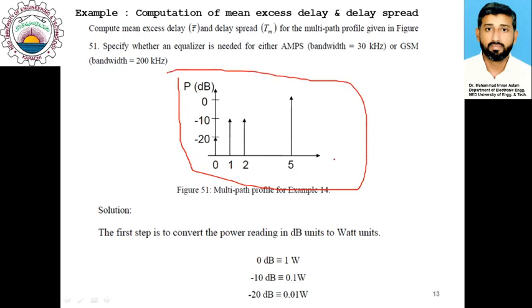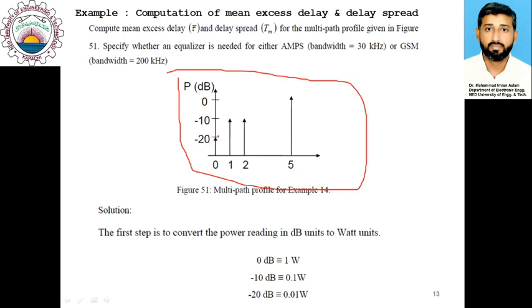You can see that the time axis is representing the delays, and the vertical axis is representing the overall power which is received at those particular delays. So we want to compute the mean excess delay and tau m for the multipath profile which is shown here.